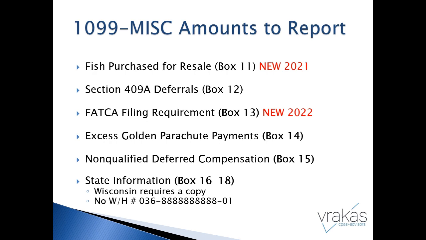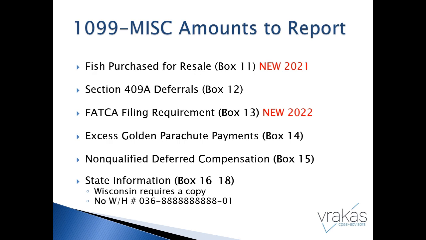Now going back to the state ID number, if you don't have a withholding number because you don't have any wages and you don't have to do any state withholding, then in Wisconsin, I should say, there is a dummy Wisconsin withholding number that is used, and it's a 036, lots of 8s, and a 01.